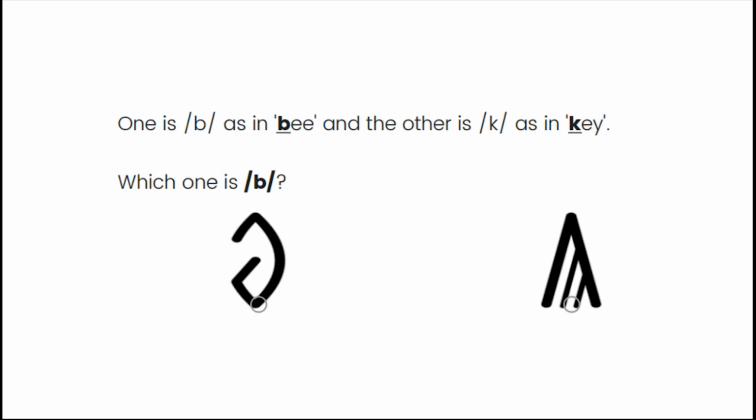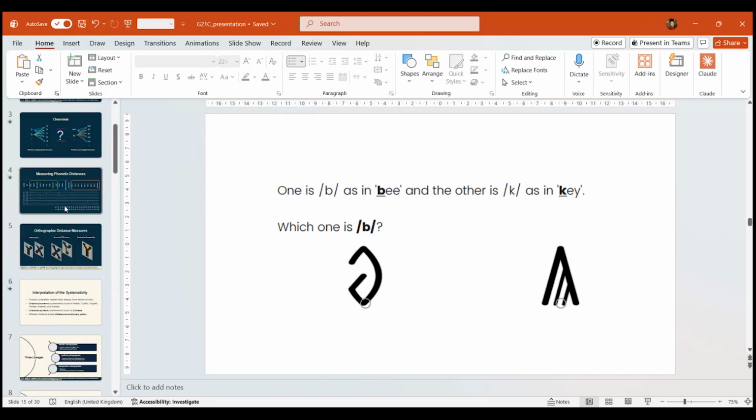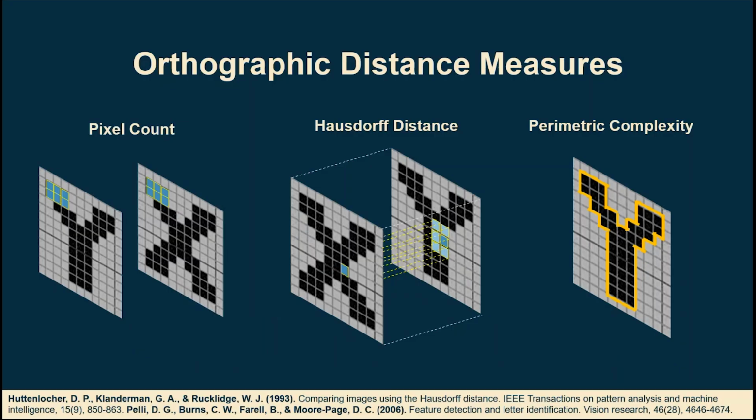For Korean, I compared 40 different fonts, as well as for English. The interesting thing about Hebrew is that it returned high grapho-phonemic systematicity in two measurements: pixel count, just like other Semitic orthography systems, but also Hausdorff. Because if you know Hebrew, there are some components that are very similar to Korean. For example, one sound and another sound are distinguished by just an additional line or something. So it showed high systematicity with both techniques.